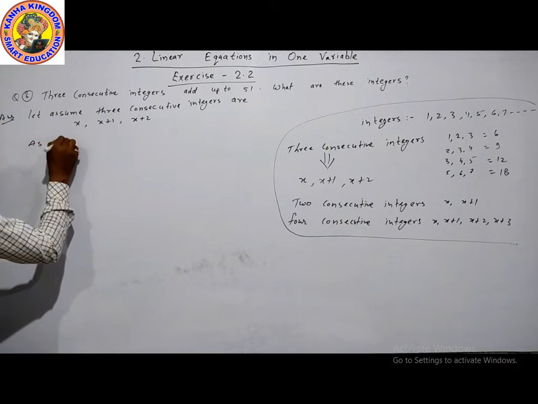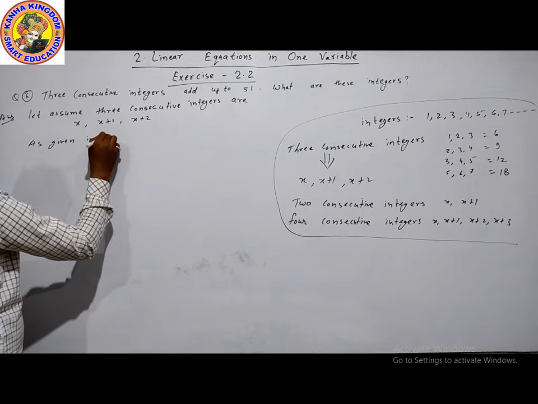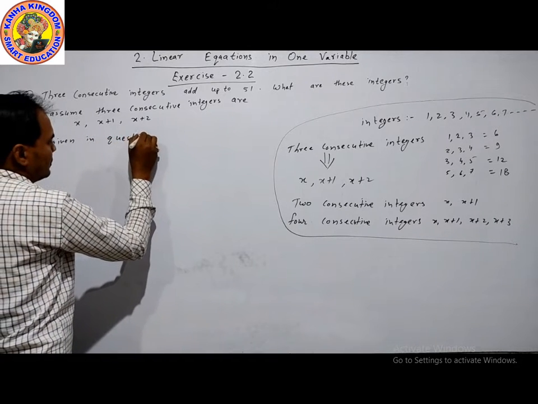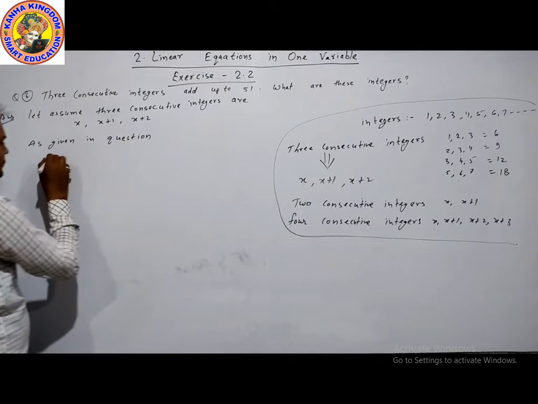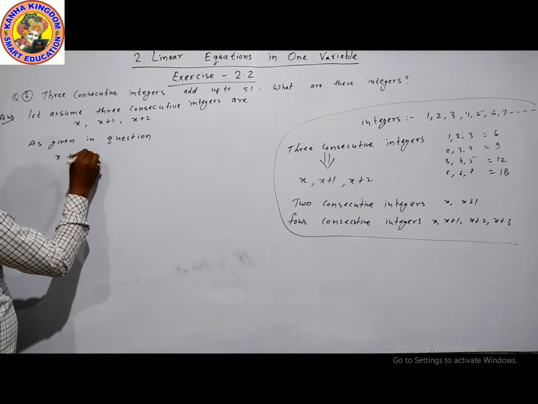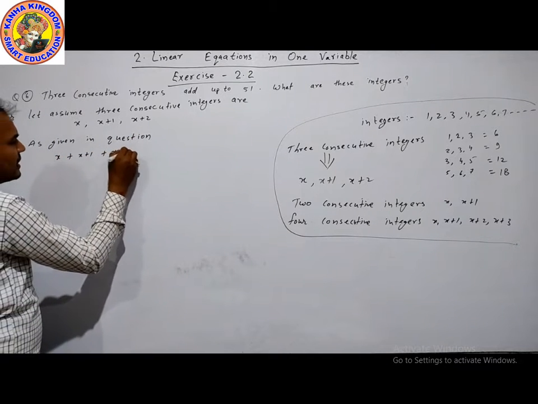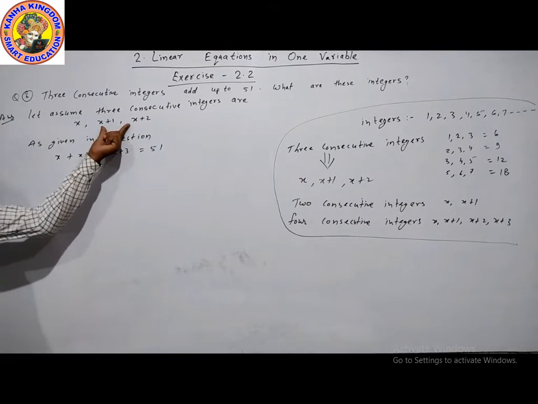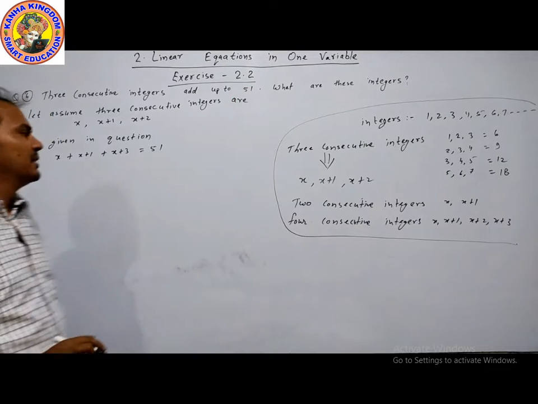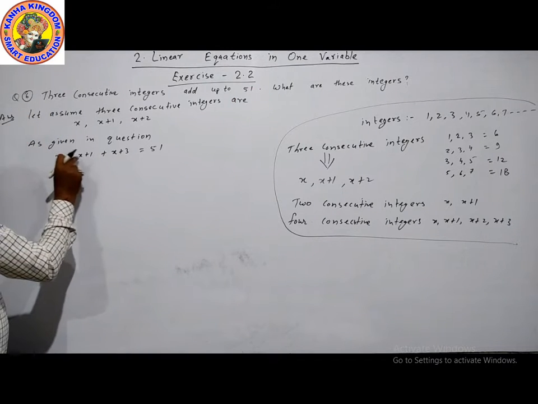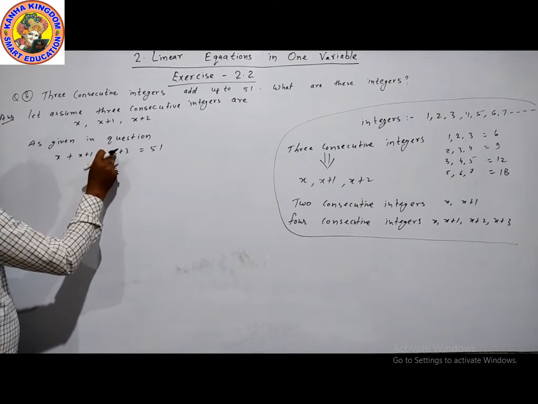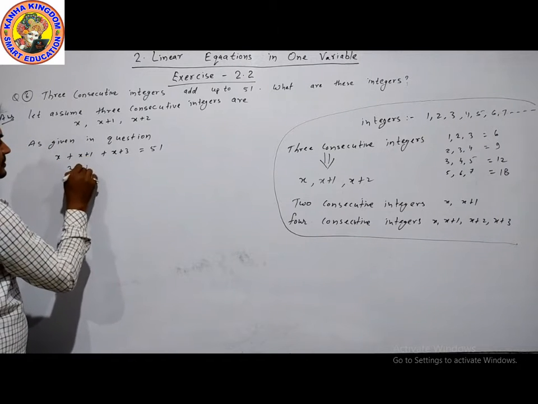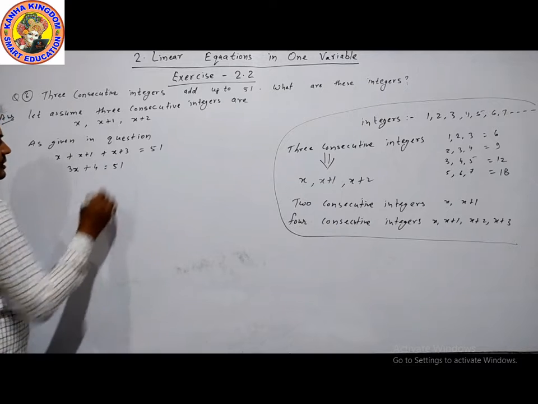It is given in the question that the addition of these 3 numbers is 51. So x plus x plus x is 3x, and 1 plus 2 is 3. So 3x plus 3 is equal to 51.